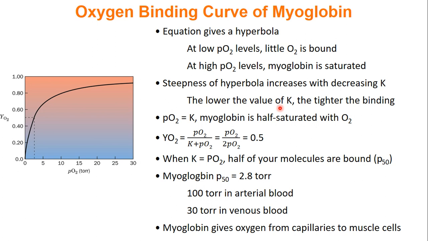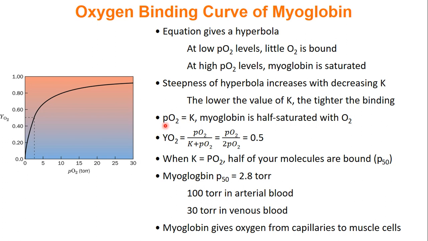And that's important to remember, because in biochemistry, when we talk about strength of binding, when it comes to drugs, pharmaceuticals, or any ligand, we will use this value of K for dissociation constant. So the lower the value, the tighter the binding.